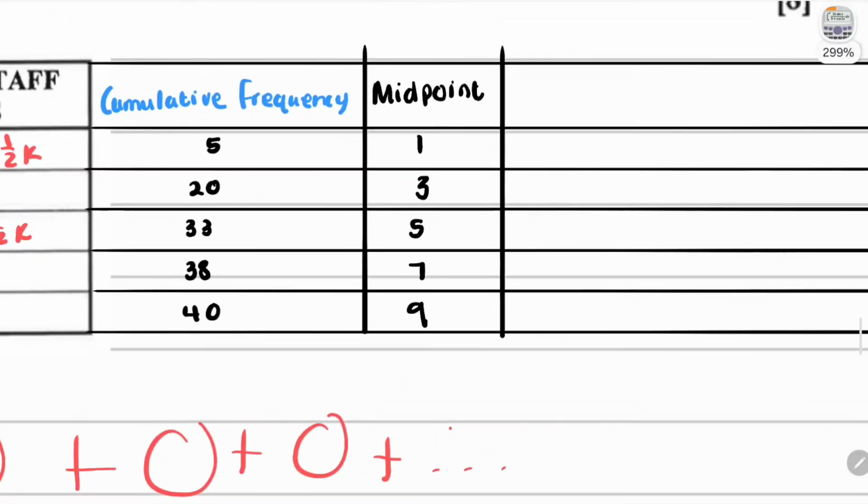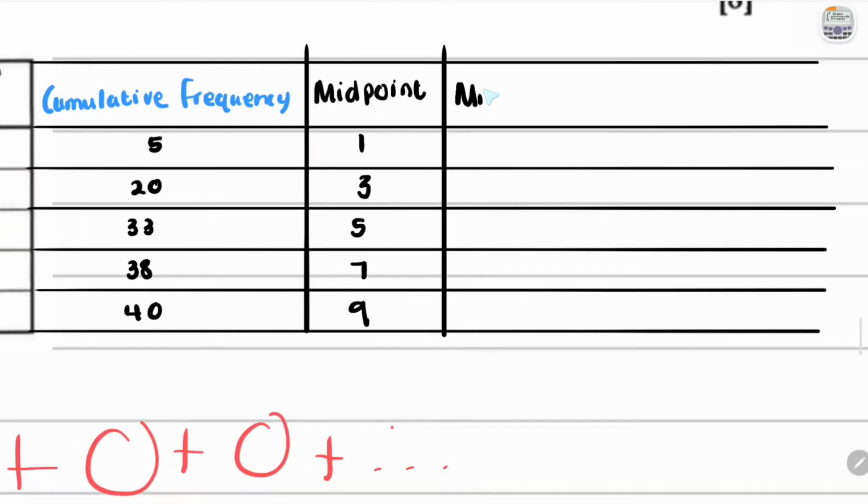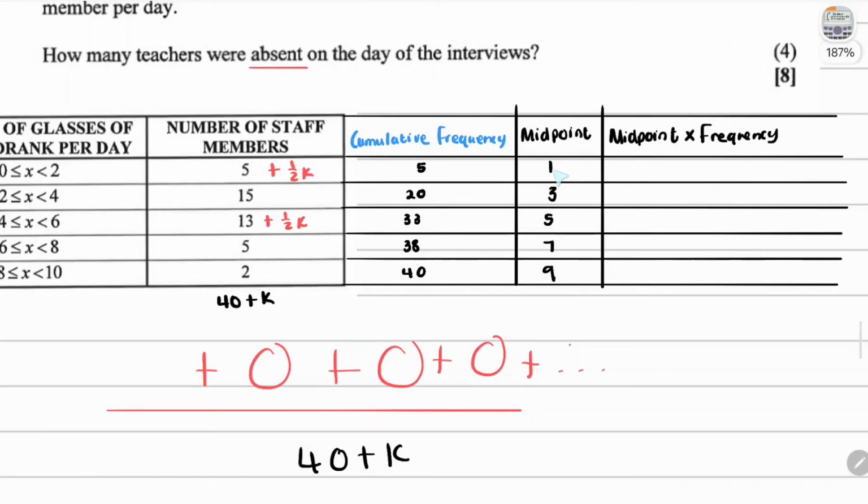So because of that, we'll have another column, which is going to be our midpoint multiplied by our frequency. And we'll find out what that is to find out the total glasses drank in each category. So we're going to say 1 multiplied by this, which is just going to stay the same. It's just going to be 5 plus 1 over 2k.